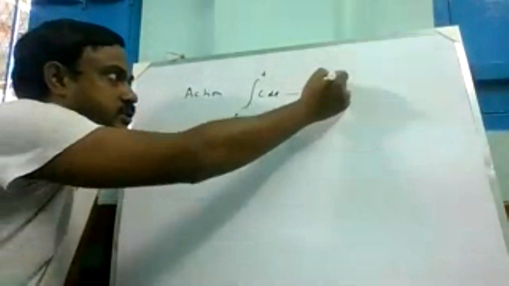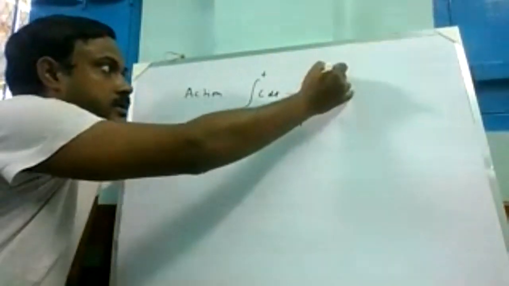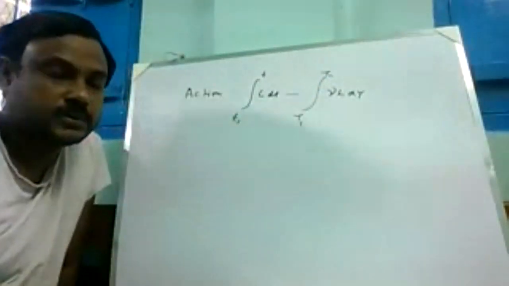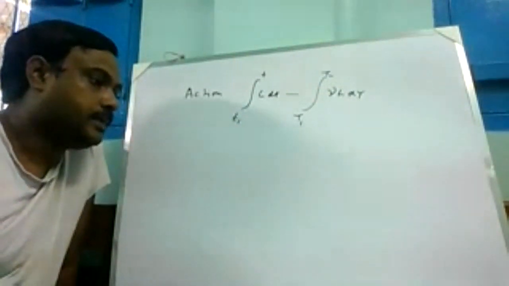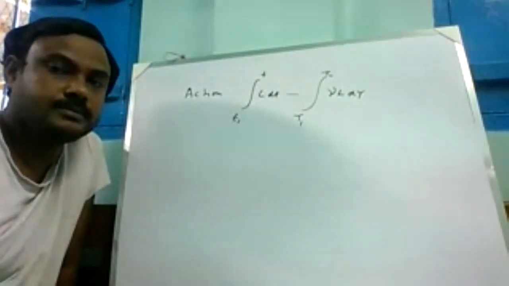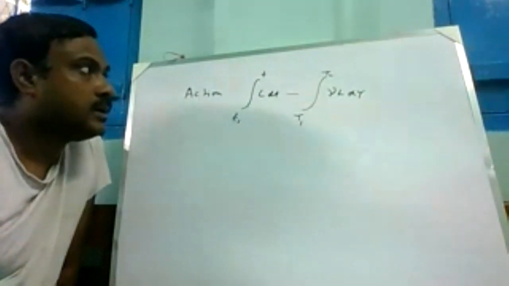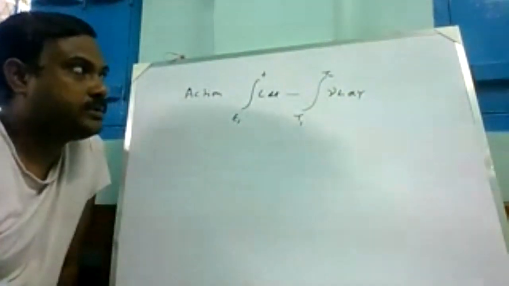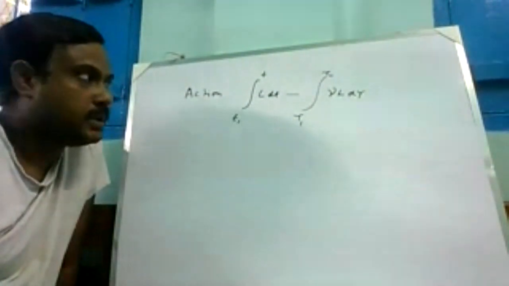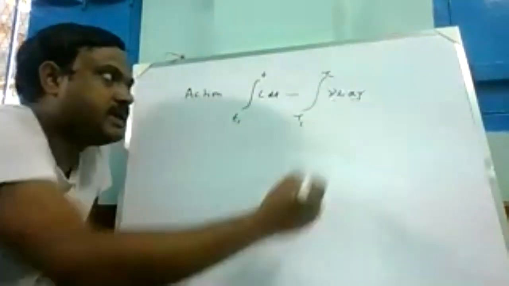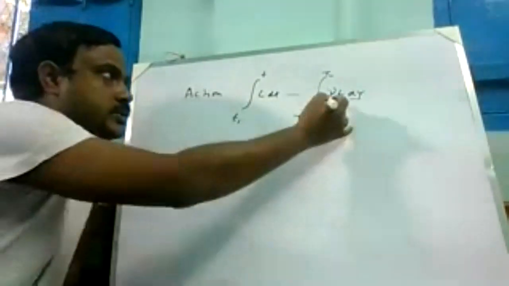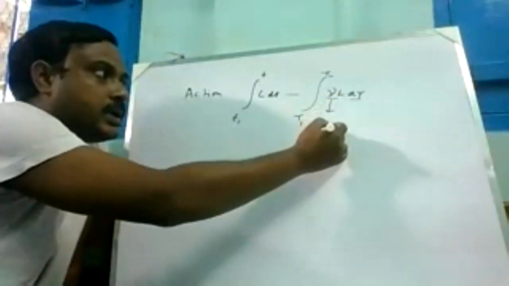Now, this has to be changed to proper time, tau 1 to tau 2, gamma L d tau, because dt equals gamma d tau. Since d tau is invariant under Lorentz transformation, gamma L should be invariant under Lorentz transformation.